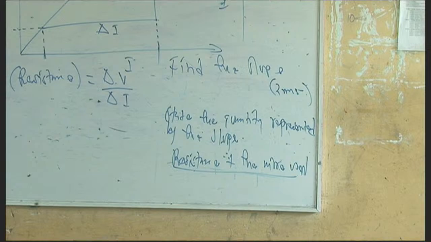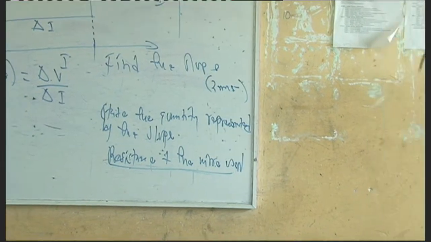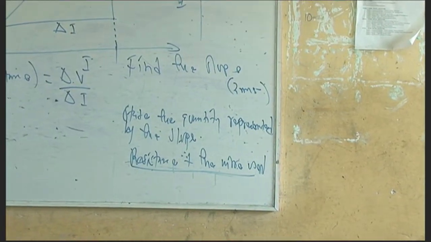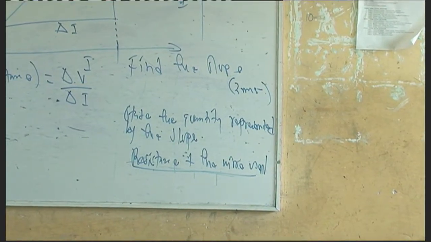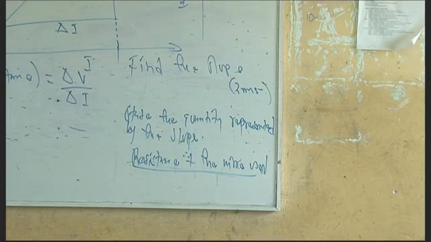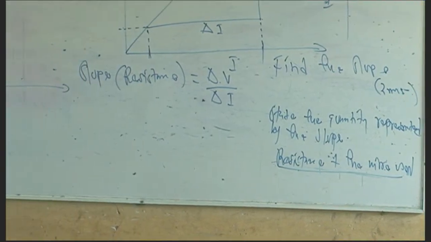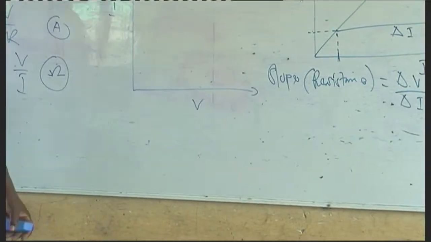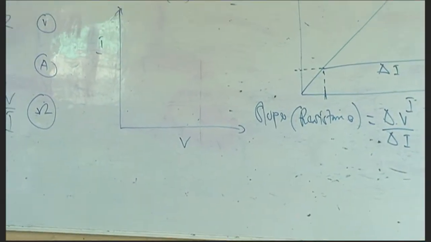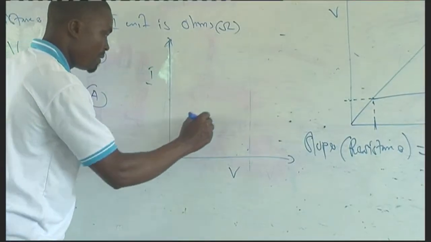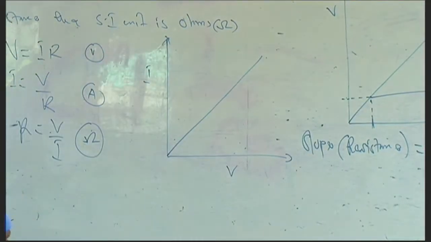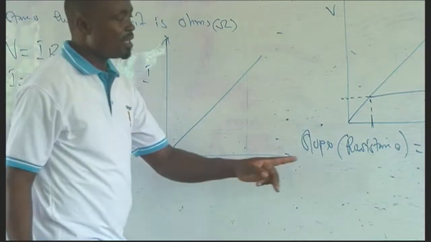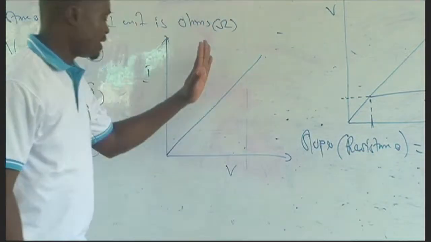Again, in some cases, apart from plotting a graph of voltage against current, you can also plot a graph of current against voltage. It will still be a straight line through the origin. When we are asked to find the slope, we get it the normal way.